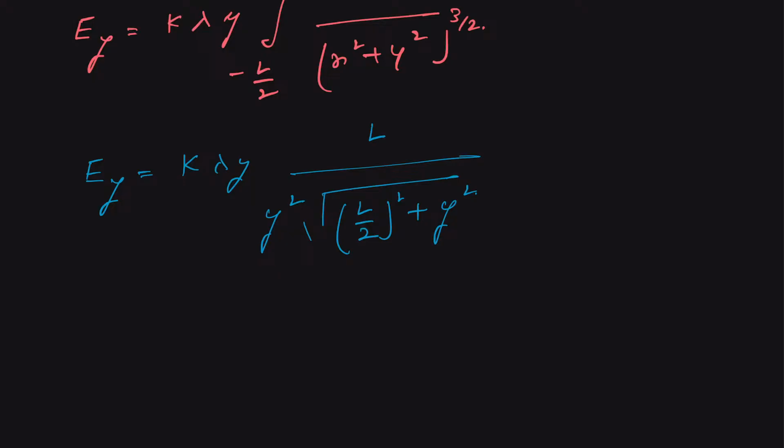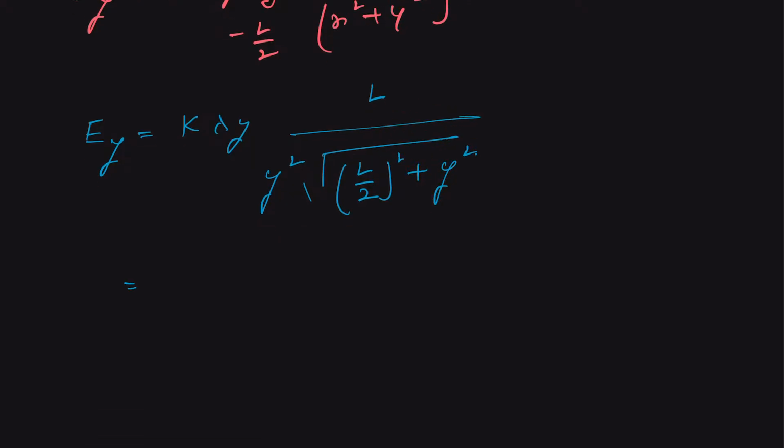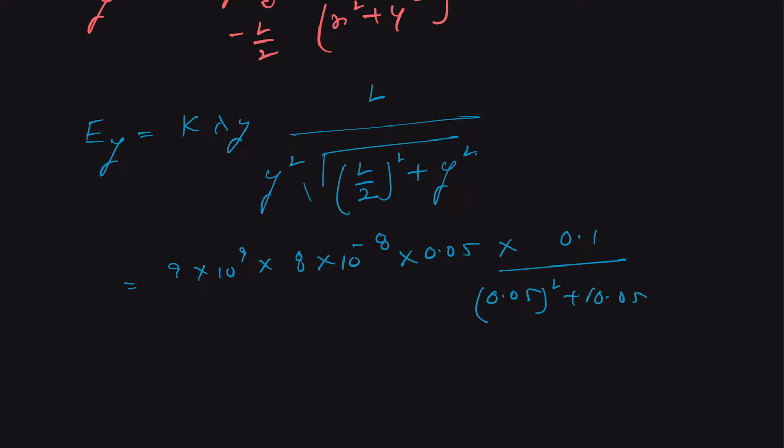And now we can easily substitute values. So k we already know is 9 into 10 to the power 9, lambda is 8 into 10 to the power minus 8, y is given to us as 0.05, length is 0.1, divided by the square root of (L/2) 0.05 whole square plus 0.05 whole square.